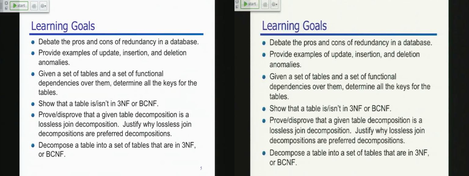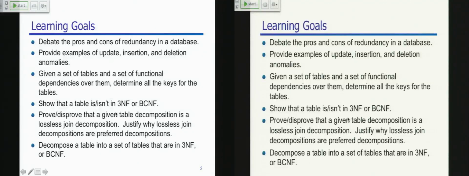These are the learning goals. By the end of this chapter, you can debate pros and cons of redundancy in a database. There are actually sometimes some reasons in favor of having a little redundancy in your database. Provide examples of update, insertion, or deletion anomalies. We have a look at those. Given a set of tables, you have to find the functional dependencies in those tables.